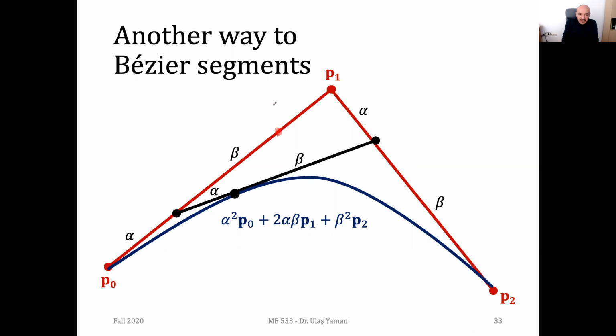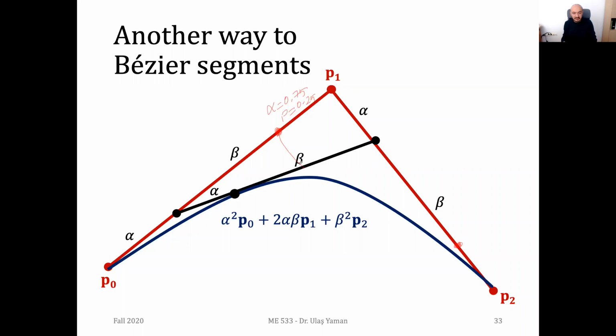At that point, alpha might be equal to, let's say, 0.75 and beta is equal to 0.25. And I do the same for the piecewise case between P1 and P2, and then that will be around here, right? This is another point. So what I do, I will simply connect these together.